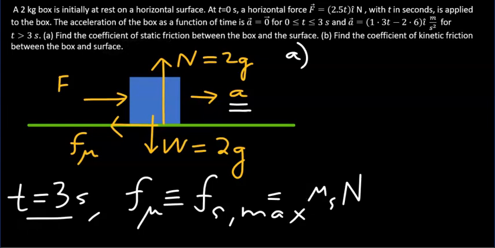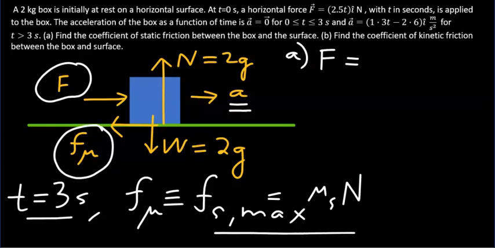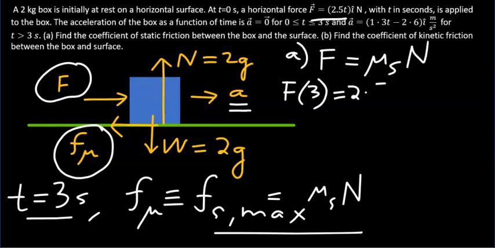Because at t equals 3 seconds the object is not moving, the forward force, the magnitude of capital F, must be balanced by the maximum value of the static friction given by that expression. So you can simply write mu sub s times the normal force. This happens at t equals 3 seconds, so we need to evaluate the magnitude of that force F at t equals 3 seconds, and that is just 2.5 times 3.